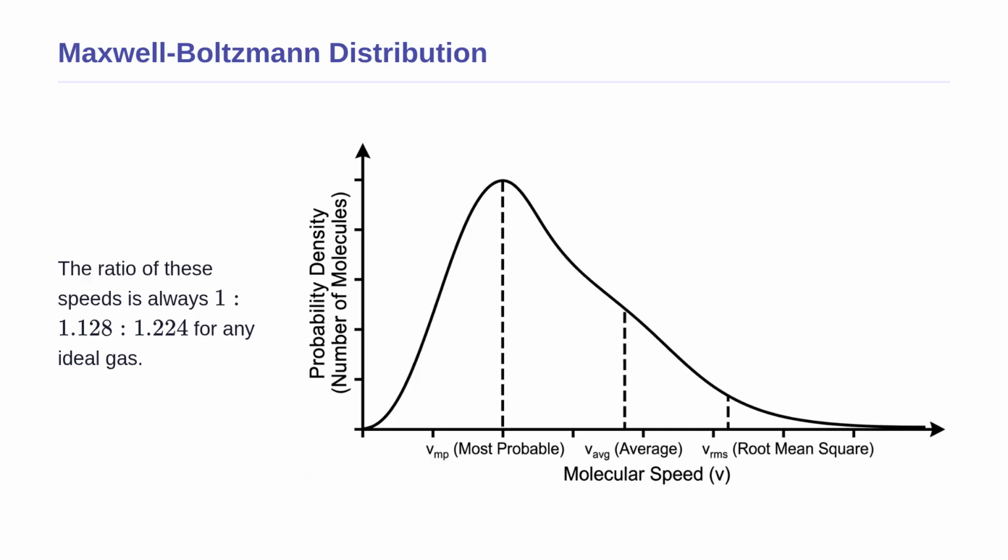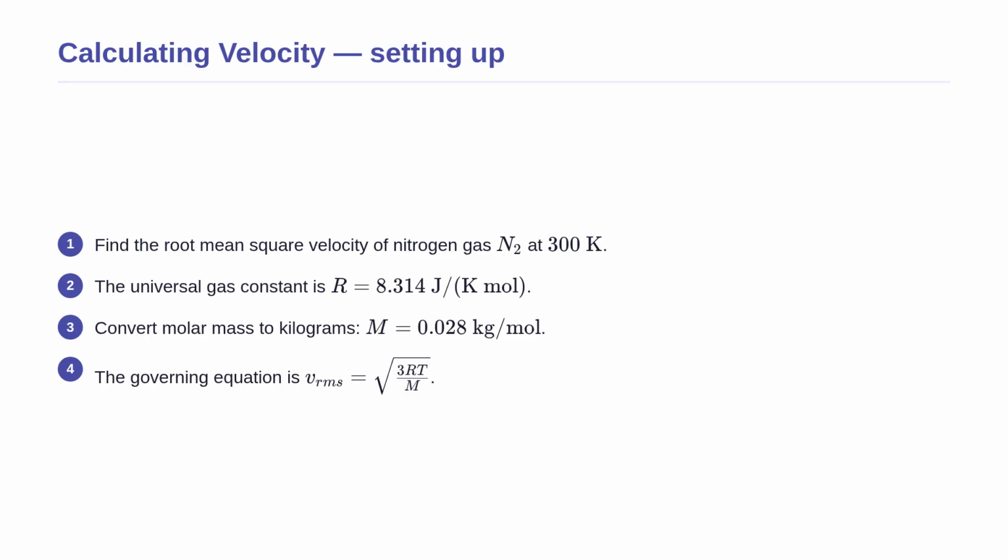Now that we understand what the root mean square velocity is, let us see this with a concrete example. We are asked to calculate the root mean square velocity of nitrogen gas at a specific room temperature of 300 Kelvin. This is a standard calculation that helps us understand the physical behavior of air. We know our universal gas constant is 8.314.